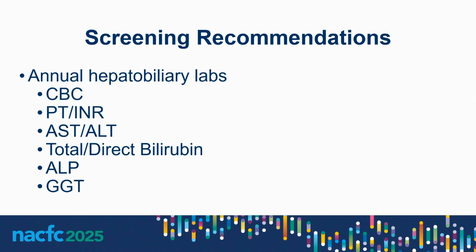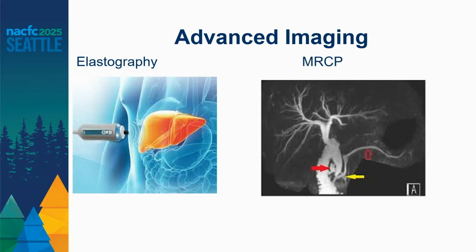These are the screening recommendations for CF patients: annual hepatic labs, CBC, PT, INR, AST, ALT, total and direct bilirubin, ALP, and GGTP. So there is advanced imaging. There is elastography and MRCP.